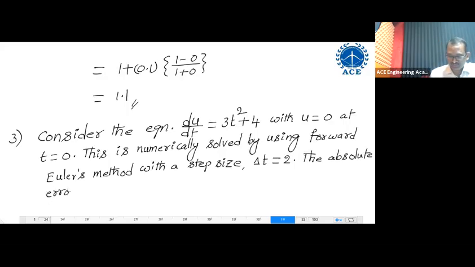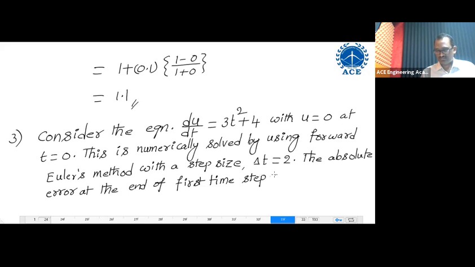The absolute error at the end of the first time step is... The step size is generally denoted by h, but in this problem they assumed it as delta t.